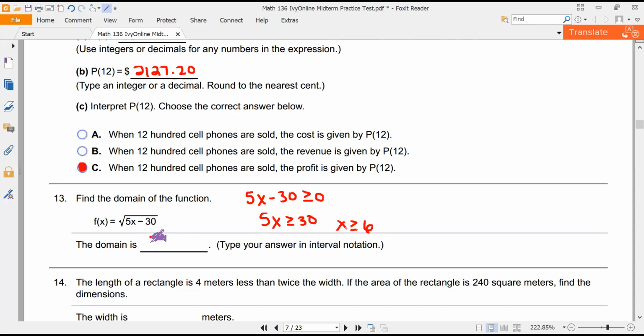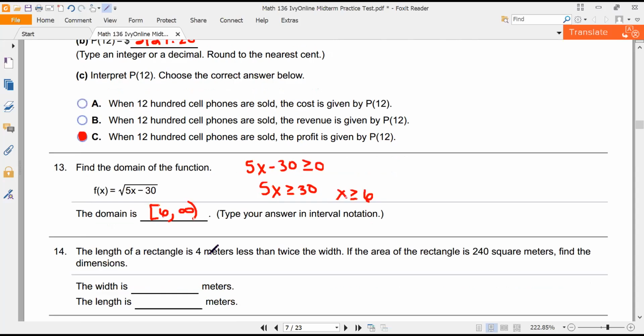And we would write that in interval notation, which is a bracket saying we are including the 6, and then we shade to the right, so shading towards positive infinity. You never use brackets on infinity. Those are not really numbers. It's an idea or a concept, so it's kind of open-ended, never can reach it and include it.